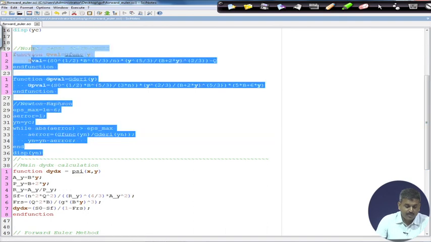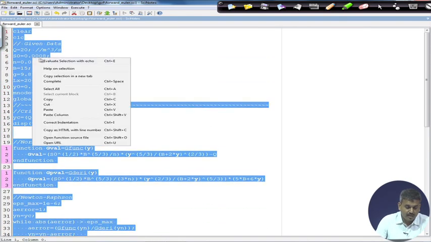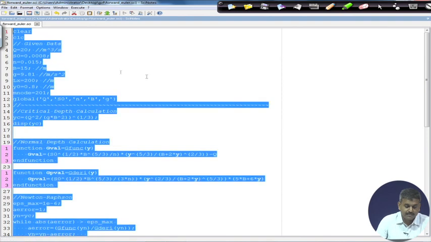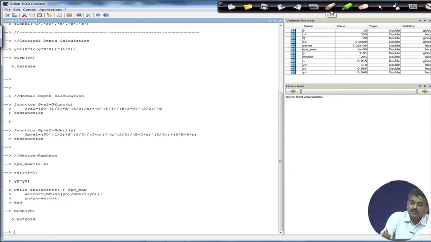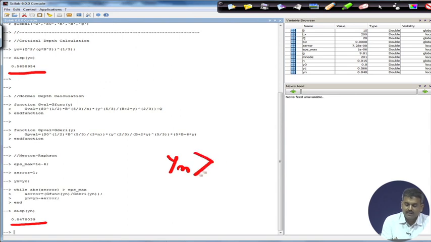For this problem, if I run up to this step, we can see that our critical depth is 0.5658 and normal depth is 0.8478. Obviously, in this case normal depth is greater than critical depth, so the flow condition is mild slope condition, or M condition.